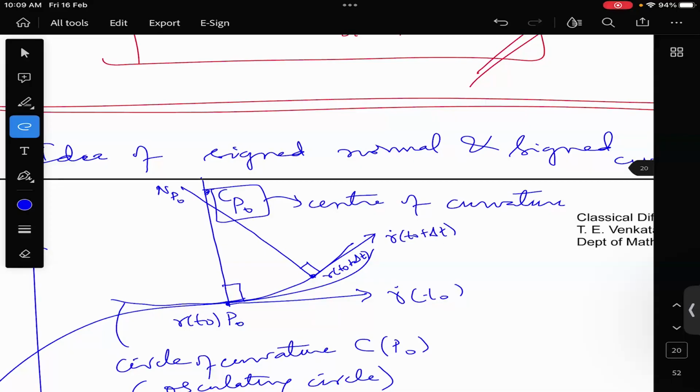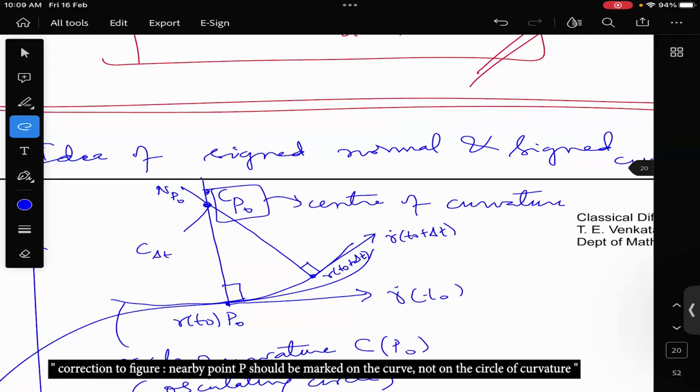These two normals meet at a point, which was C sub delta t. This point depended on delta t, so it is a function of delta t.